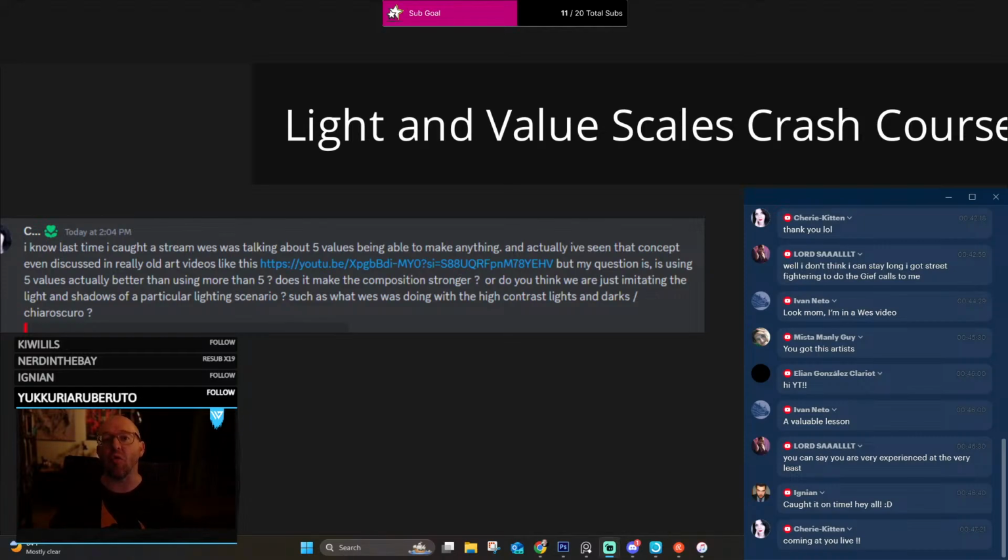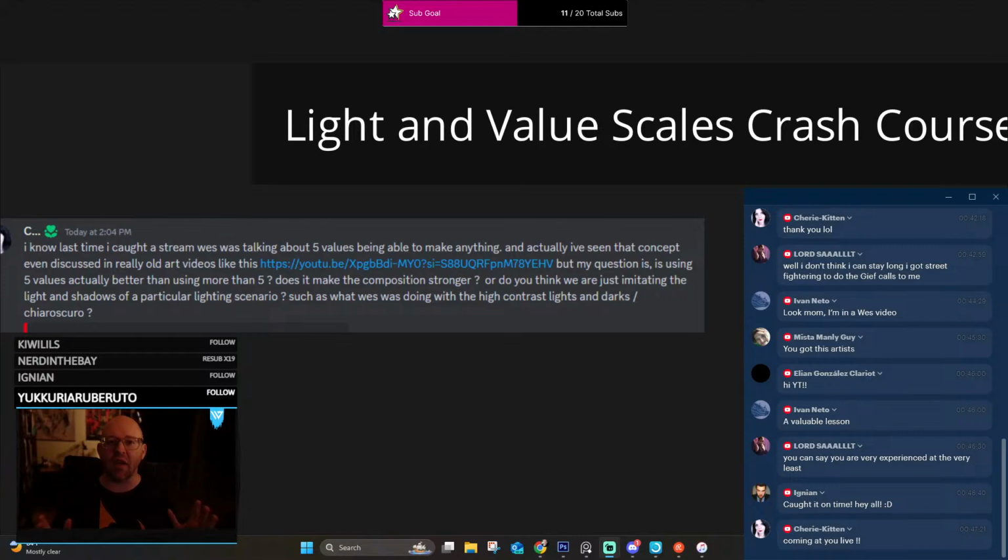Whenever you start getting into local values and materials such as reflectivity, such as water, refraction, the way light bounces off things, the way light absorbs on certain materials, some of the quote-unquote value scale rules can be broken. All right? You have to think of them separately.